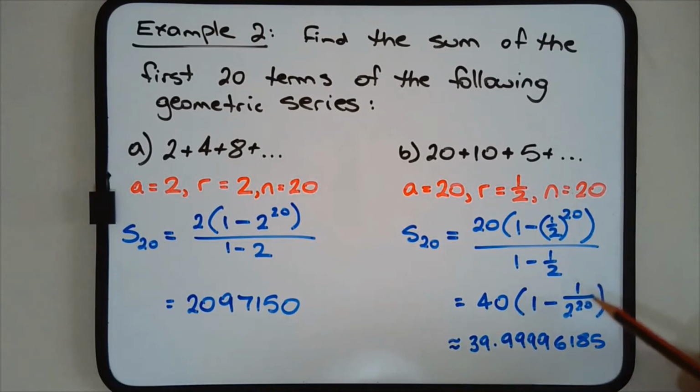And that's because 1 over 2 to the power of 20 is a very, very small number. In other words, it's a number very close to 0. So we're going to get a value that's pretty close to 40 in this case.